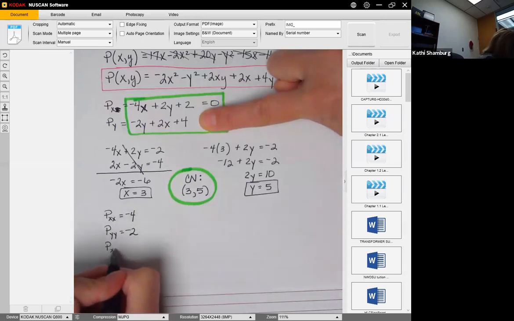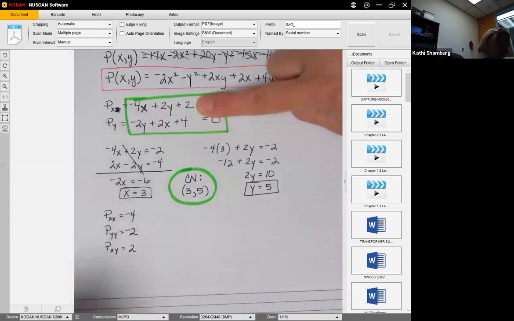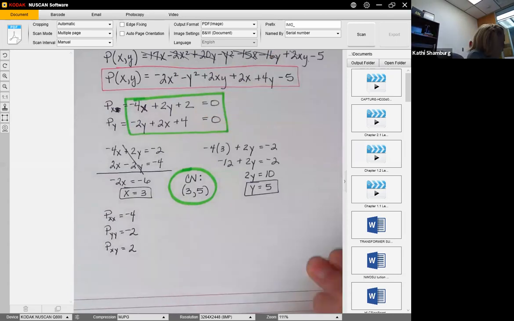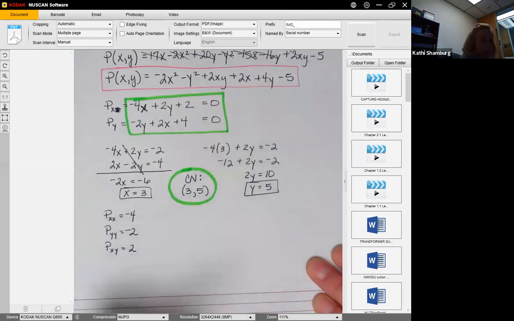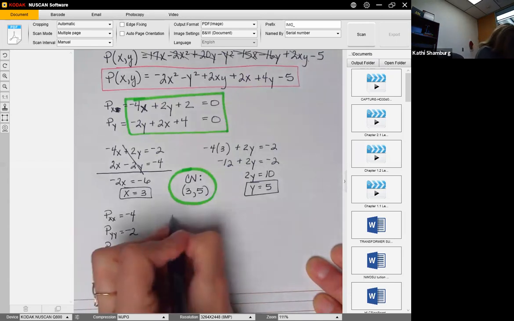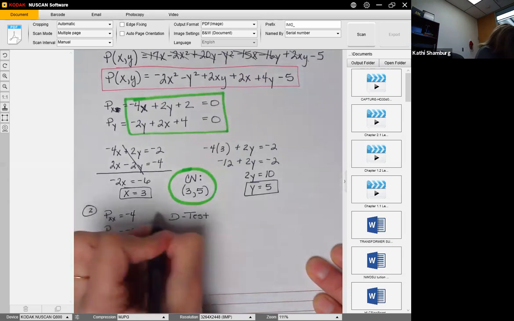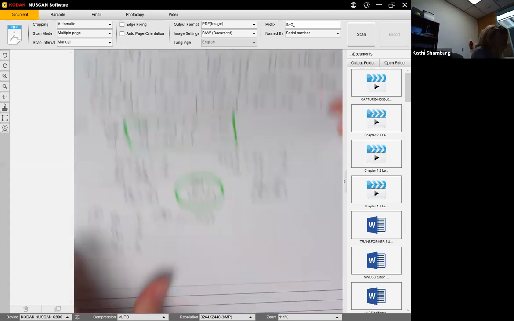And P_xy would be 0 plus 2 plus 0. So this is nice. They all come out as just numbers. Notice we are seeing what maximizes profit, right? So we have to show that this critical number is a maximum. That's why I'm going to now do the D test. This was step 2, this is step 3. Finding the critical numbers was step 1, if that's helpful.